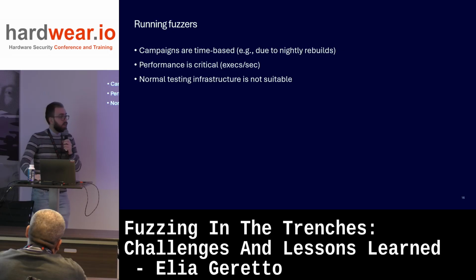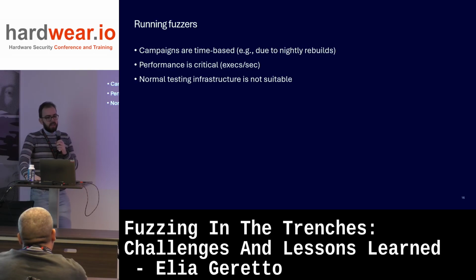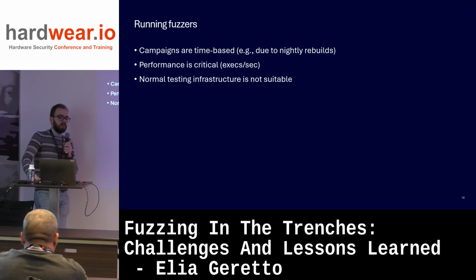Usually they are set by the rebuild frequency or rebuild period. For example, you have nightly rebuilds of the software when the tip of the development branch gets pulled in, and you need to make the most out of the time you have available, because performance is a critical thing in fuzzing, and specifically this means how many iterations you can perform per second.